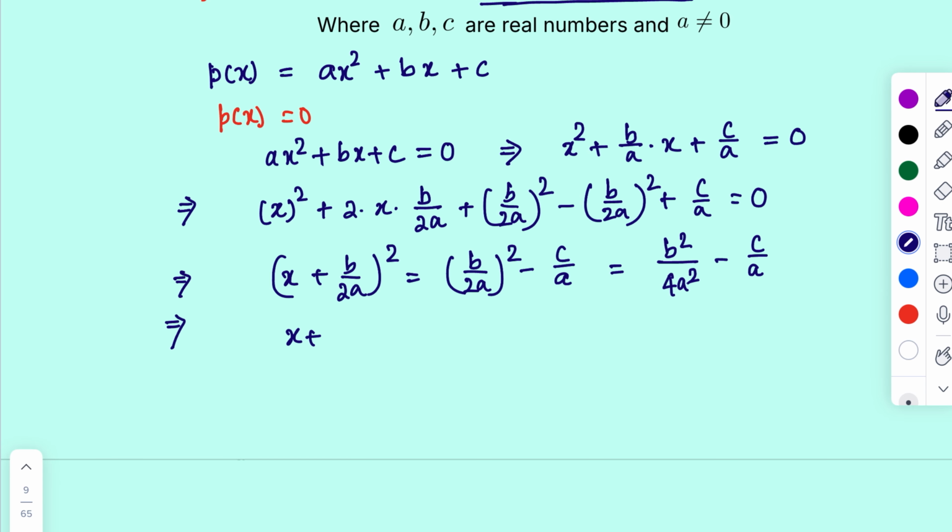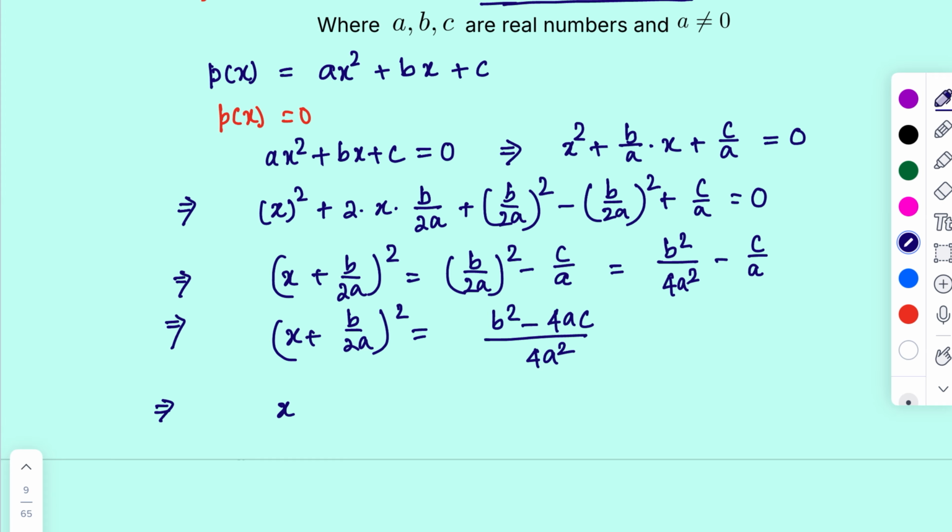This is equal to x plus b by 2a whole square is b square minus 4ac divided by 4a square. Here we have to take the LCM of these two denominators. A 4a square होगा LCM. So in the numerator it will be equal to b square minus 4ac.